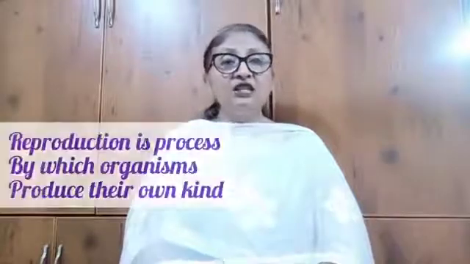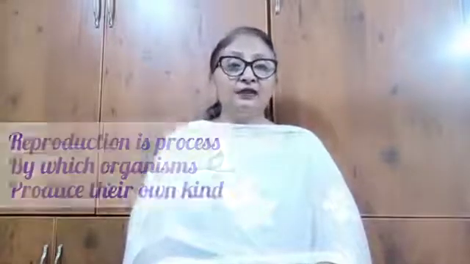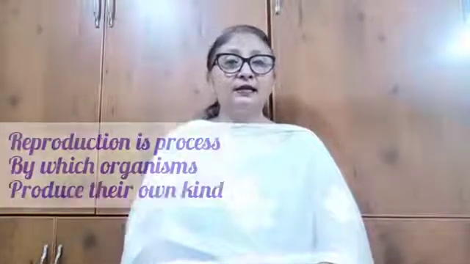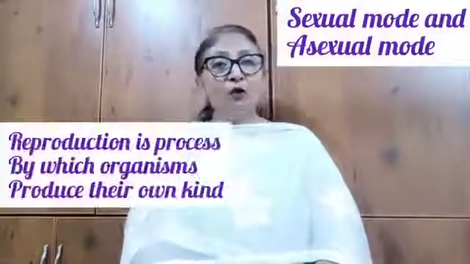Now let us discuss what is reproduction. Reproduction is a process by which organisms produce their own kind for maintaining the continuity of a species. Reproduction can be of two types, that is sexual mode and asexual mode.